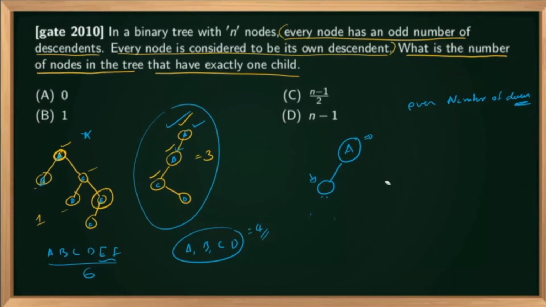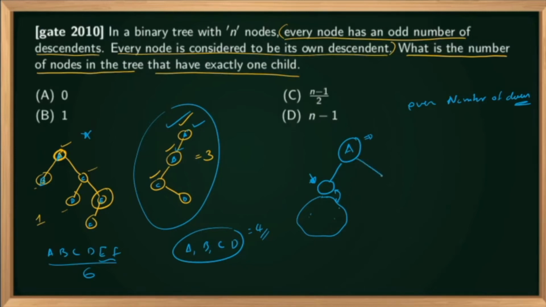Then whatever is here should be even. This even plus this odd will become odd, right? And plus A will become again even. So basically you want even here.